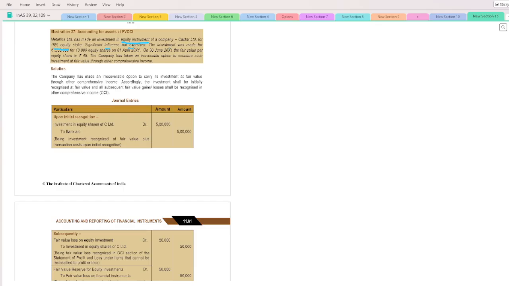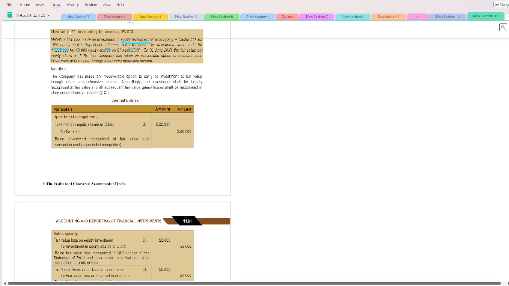The investment was made for 5 lakh, for 10,000 equity shares on the 1st April.